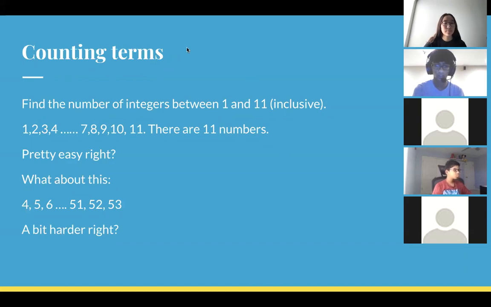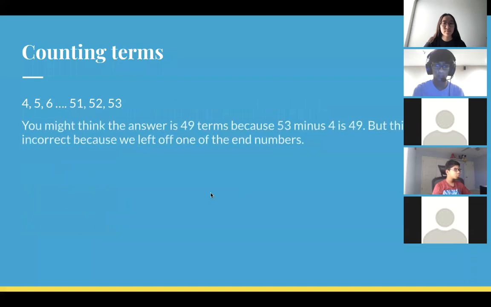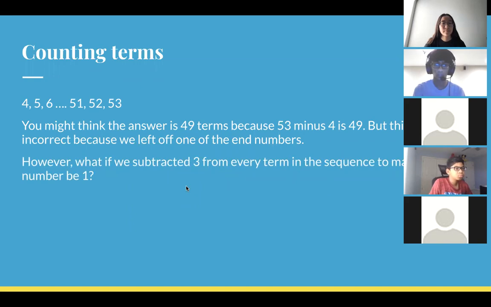It's not going to be 49, it's going to be 50. You might think the answer is 49 because it's 53 minus 4, but this is incorrect because again, the 4 and the 53 are included. If you want to count with your fingers again, you can, but you'll see that it's going to be 50 terms.